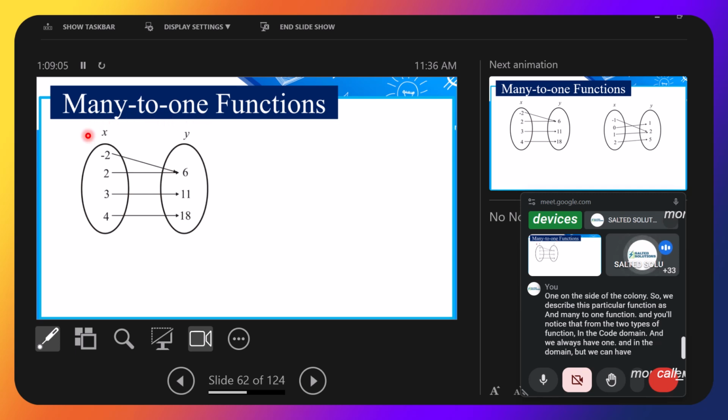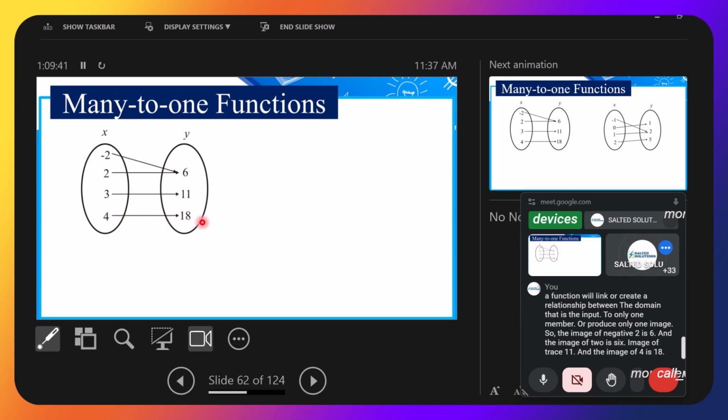So that it goes to confirm the definition of a function that says that a function will link or create a relationship between the domain, that is the input, to only one member, or will produce only one image. So the image of -2 is 6, and the image of 2 is 6, image of 3 is 11, and the image of 4 is 18.